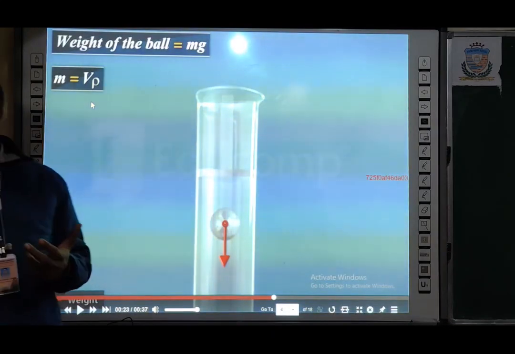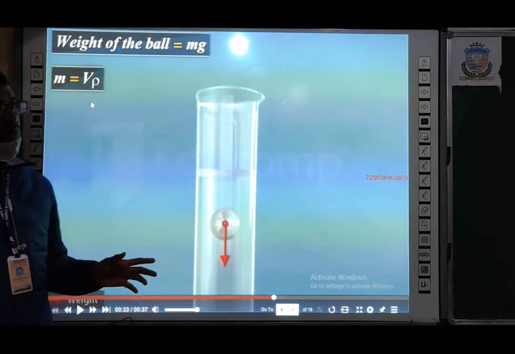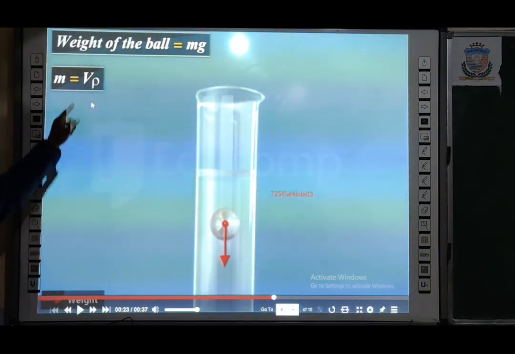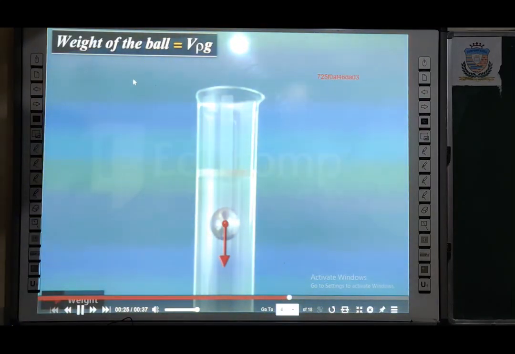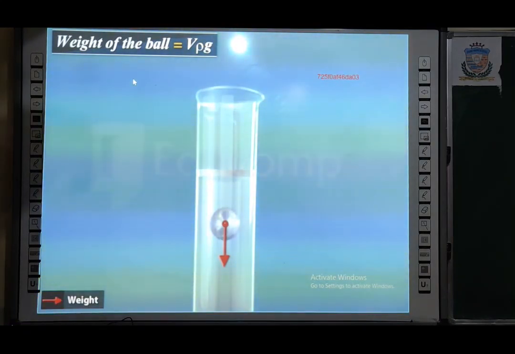We know that density is equal to mass upon volume, so mass is equal to volume times density. Here rho represents the density. Substituting mass, we get the weight of the ball equal to the volume V of the solid times the density rho times the acceleration due to gravity g.